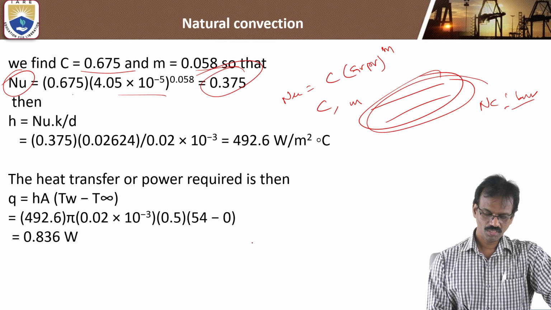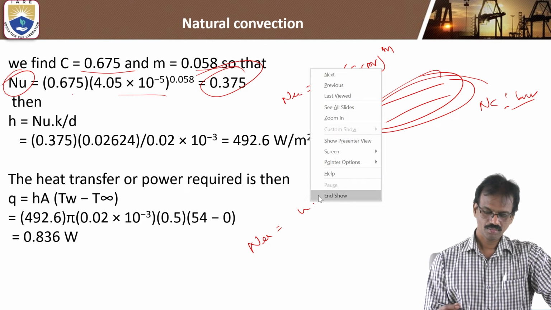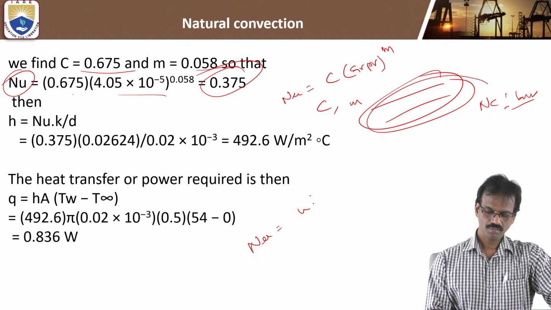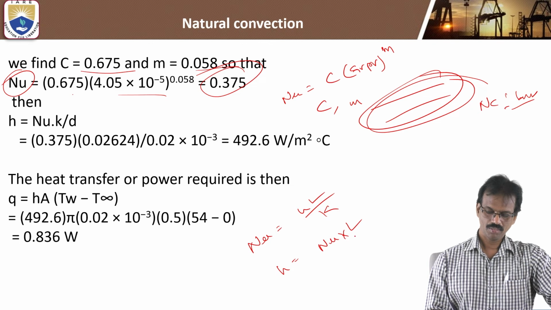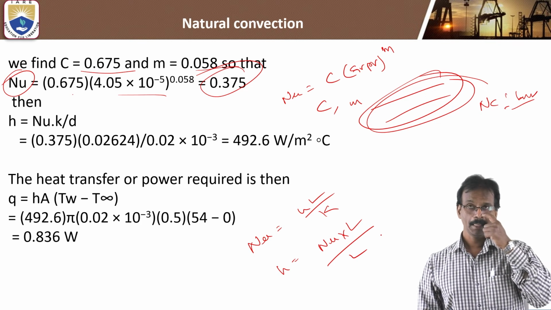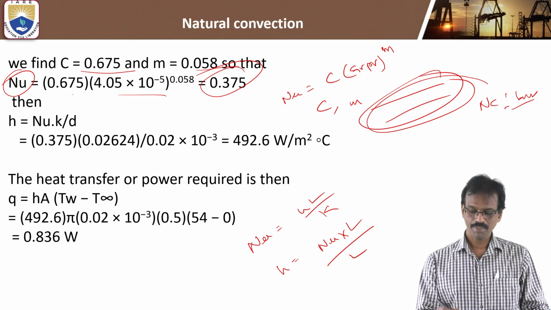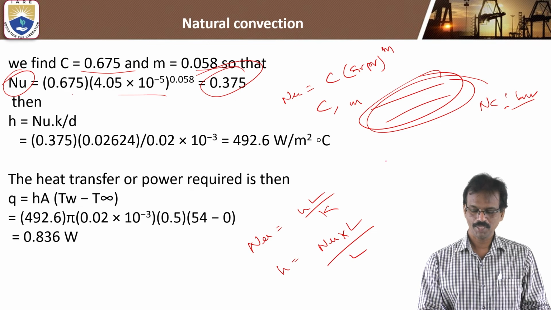Then if you know the Nusselt value, you know that Nu is equal to hL by k. So then you have to find the h value: Nusselt into k by L. Here L is nothing but the diameter of the pipe.